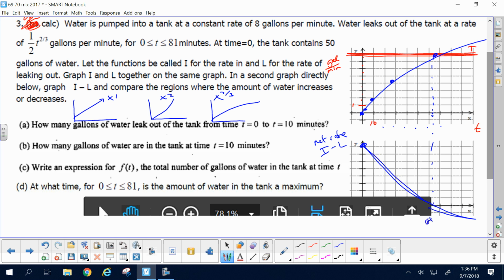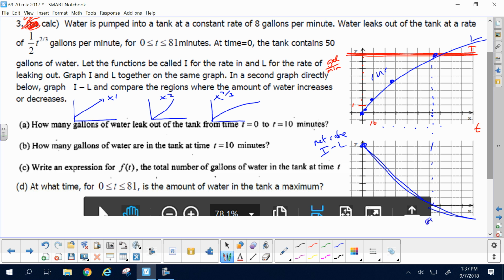Now, you often will deal with one or the other. Sometimes you're dealing with both separate. Sometimes you're dealing with a net rate graph, a single graph. Either way, you should be able to interpret what's going on in the graph. Over what time frame is the amount of water increasing? From 0 to 64, because in is greater than out.